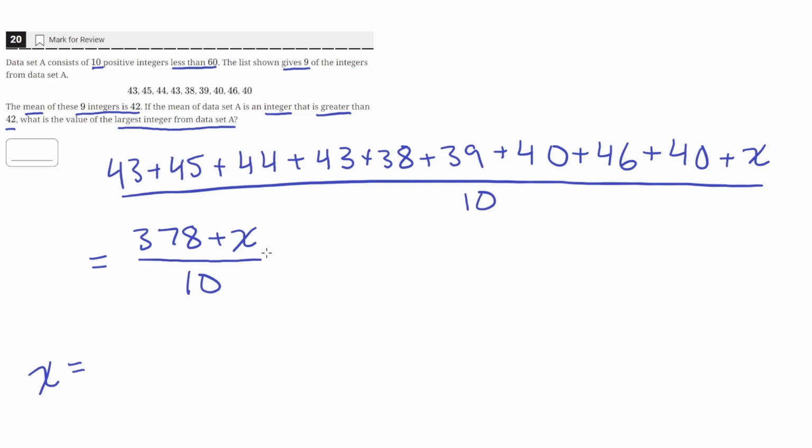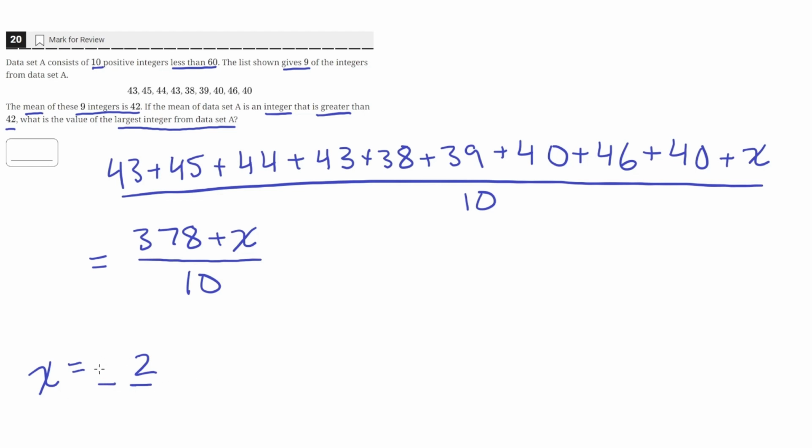And in order for this to be a multiple of 10, x has to have a 2 in the ones place, because when we add 2 in the ones place to 378, we'll get some multiple of 10. So we'll put 2 in the ones place.